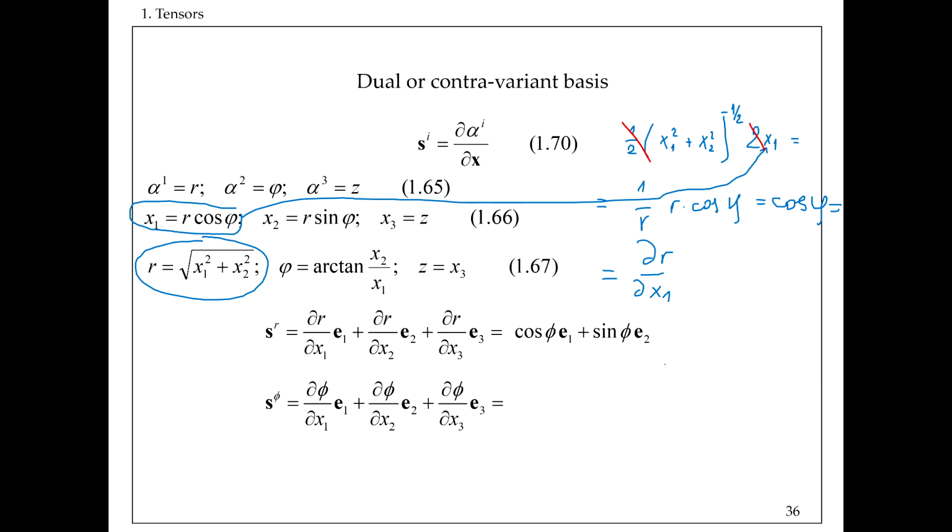If we take the derivative of arctan of, let's use y, for example, the result here is 1 divided by 1 plus y squared.